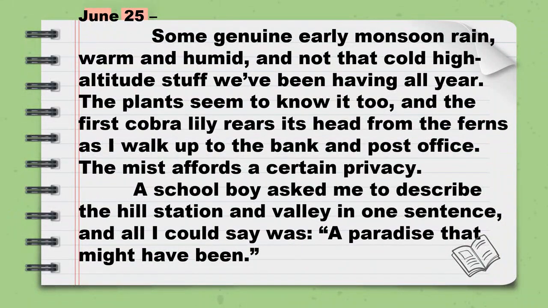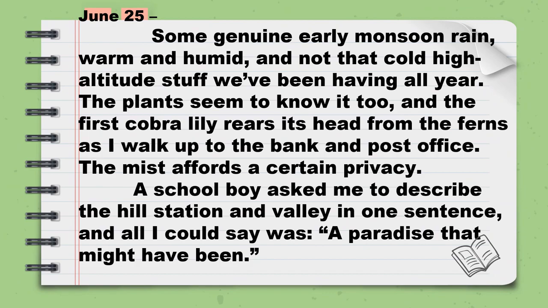Now, let's read the second diary extract of Ruskin Bond. June 25th, some genuine early monsoon rain, warm and humid, and not that cool, high altitude stuff we have been having all year.